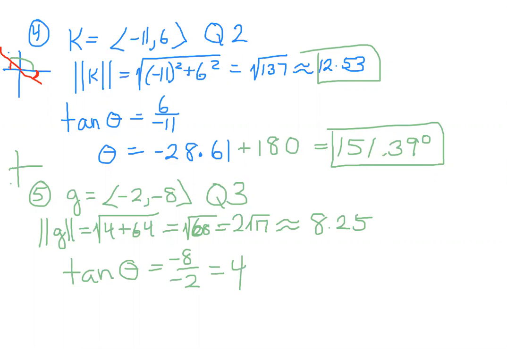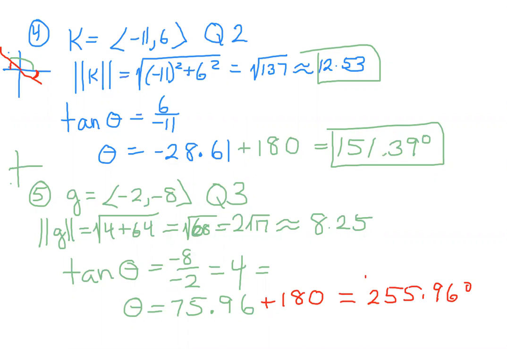If you put that in your calculator, you get theta equals 75.96, but that is not in quadrant 3. A 75-degree angle is in quadrant 1, so we have to add 180, and we get 255.96 degrees. And there's our theta. Here is our magnitude.